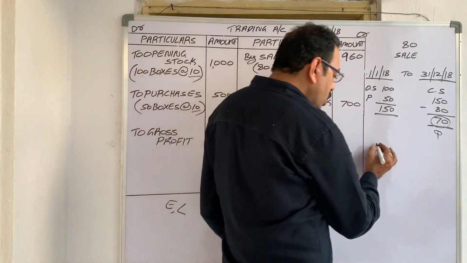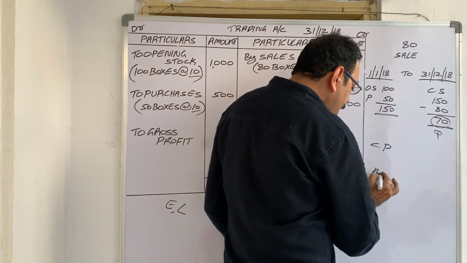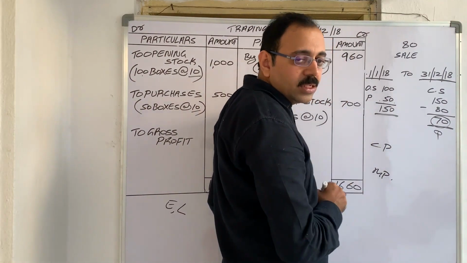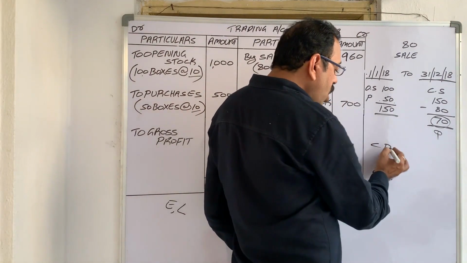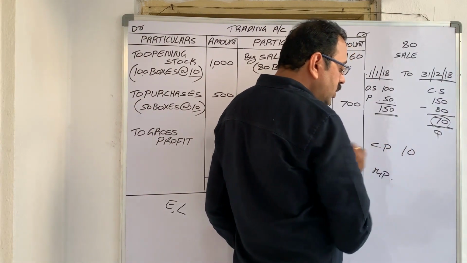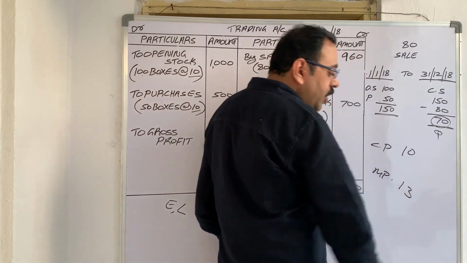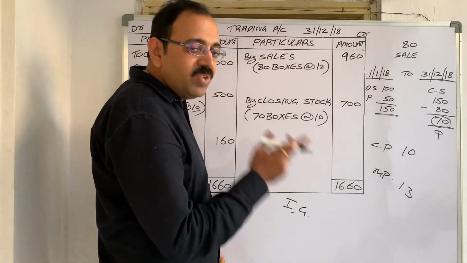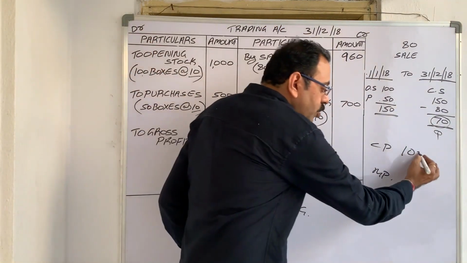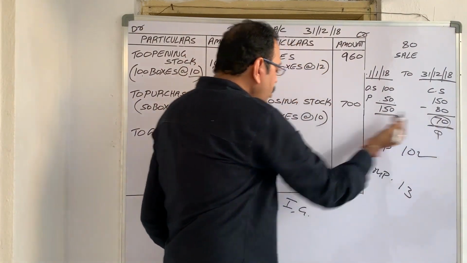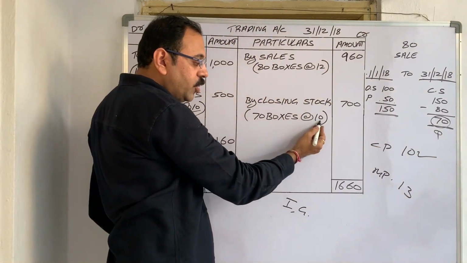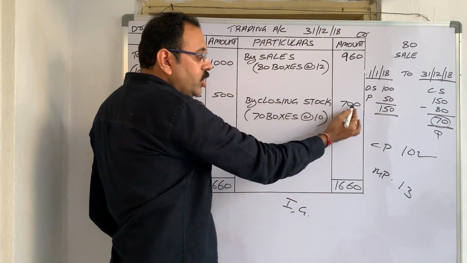You know, cost price or market price, whichever is less. Assume that the cost price of each box is 10 rupees and the market price of each box is 13 rupees. Then which price do we take here? Cost price only. So 70 boxes at the rate of 10 rupees, closing stock value is 700.